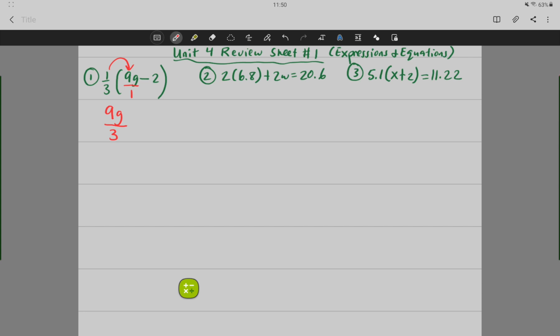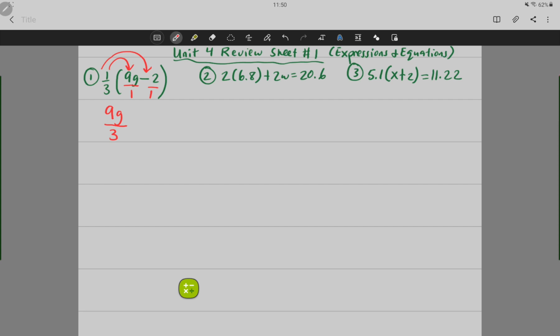Now we need to multiply again, since we have another term inside, so 1/3 this time. I know it says minus 2, but we treat that as a negative 2. Okay, same idea. Let's make this a fraction, put it over 1.